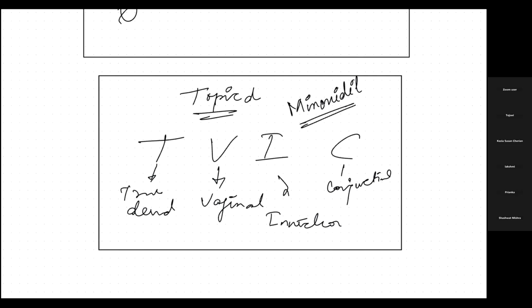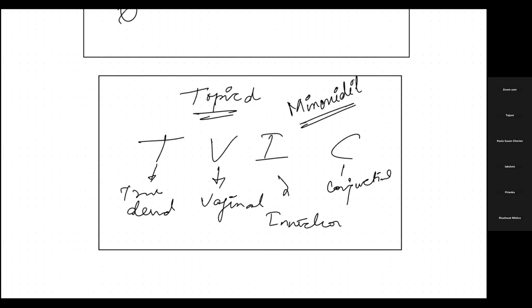So this is all about the routes of drug administration. I'll just give a short review. Routes of drug administration are of three types: enteral, parenteral, and topical. Enteral is anything given into the GIT, that is oral, rectal, sublingual.